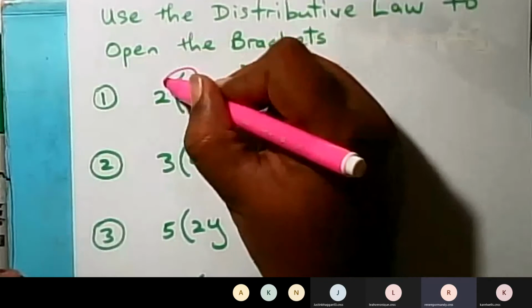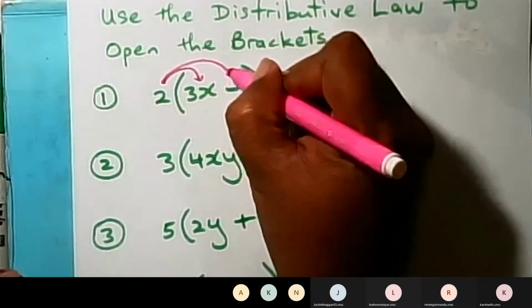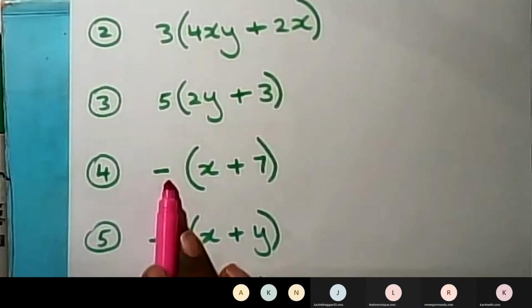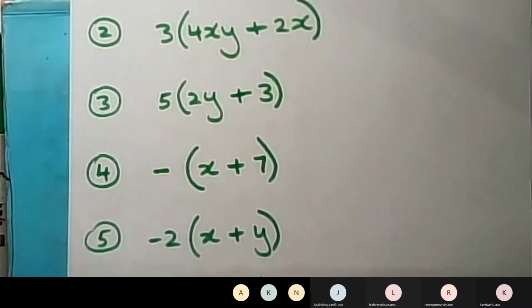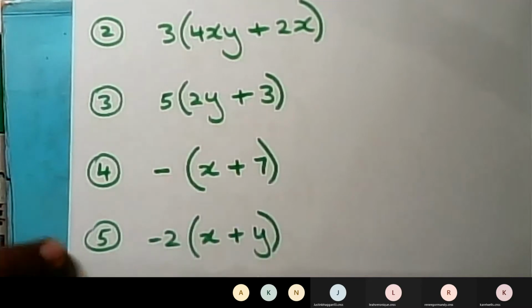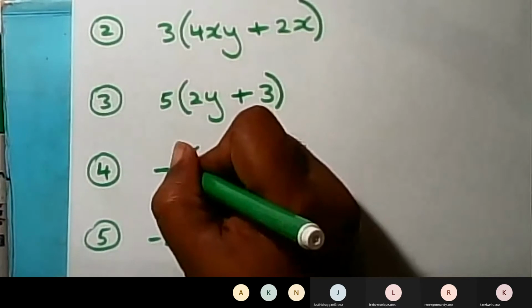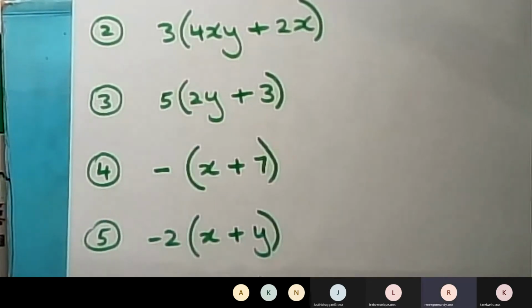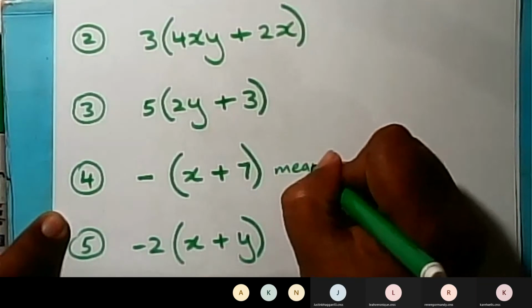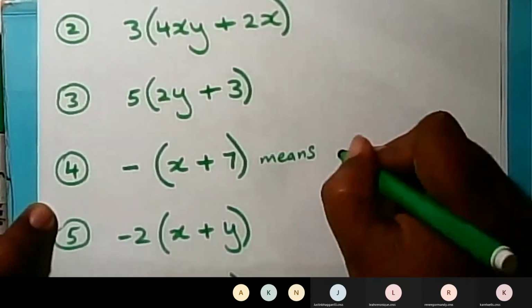And you'll have to be careful here. If you see a minus alone outside the brackets, do you know what to do with that? A minus alone outside the brackets means a minus 1. So I want you to write it like this so you'll learn it.